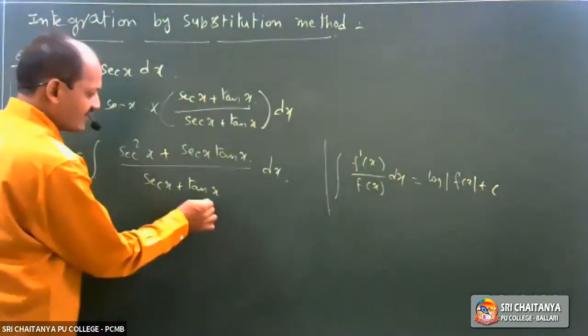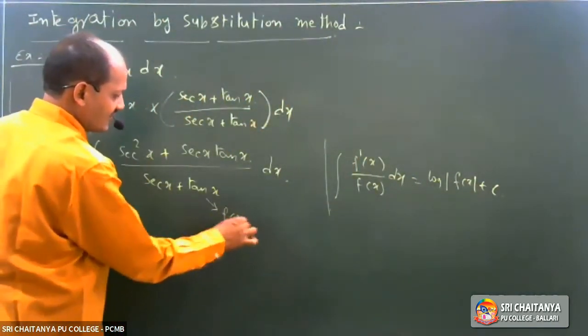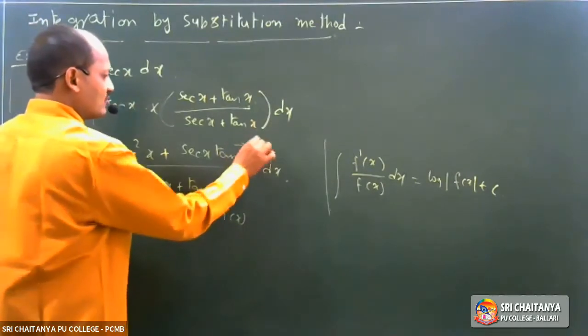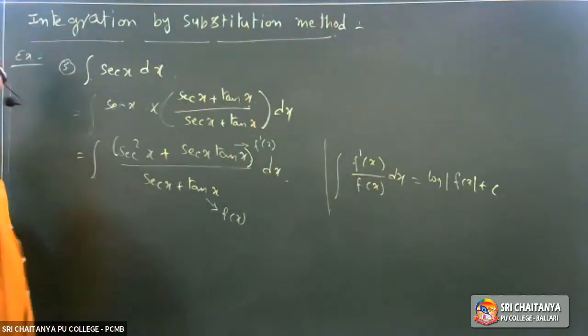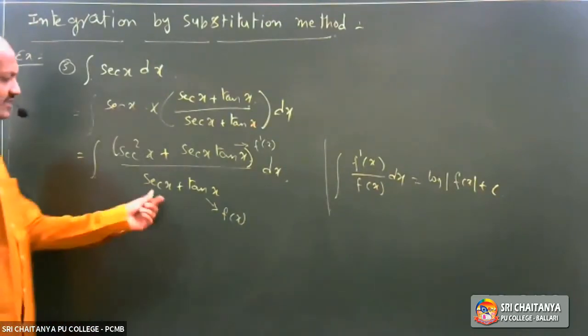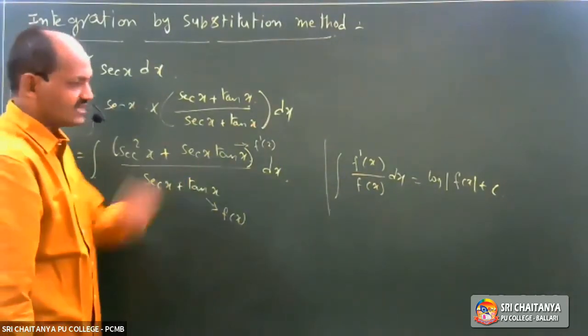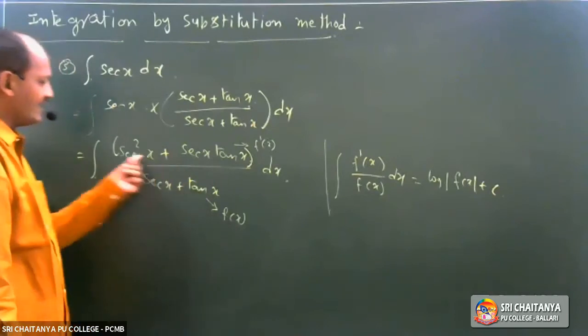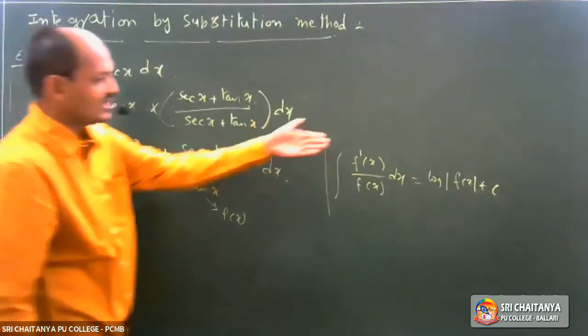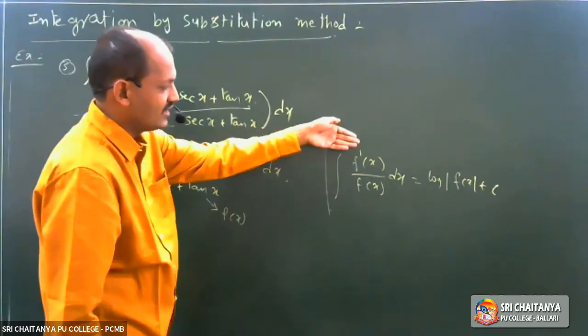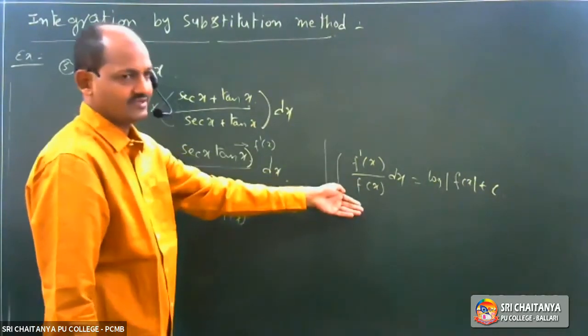So the denominator total term is f of x, and the numerator total term is f dash of x. Derivative of secant is secant into tan. Derivative of tan is secant square. So clearly it is integral of f dash of x by f of x.